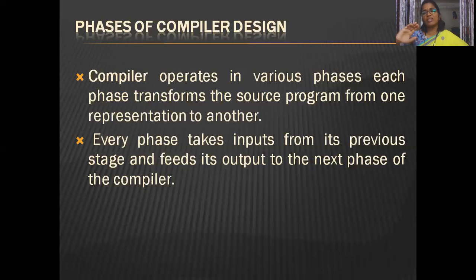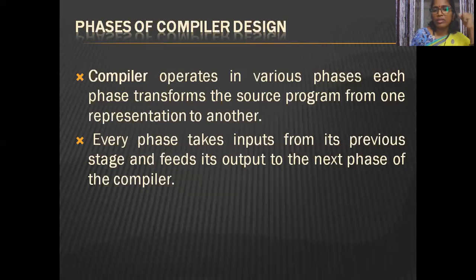It will not be like the instruction we write. If we write C is equal to A plus B, it will not be the same instruction we wrote. We can write an instruction like if A is greater than B, and it cannot stay in the same form as we write it. It transforms from one representation to another in each phase.